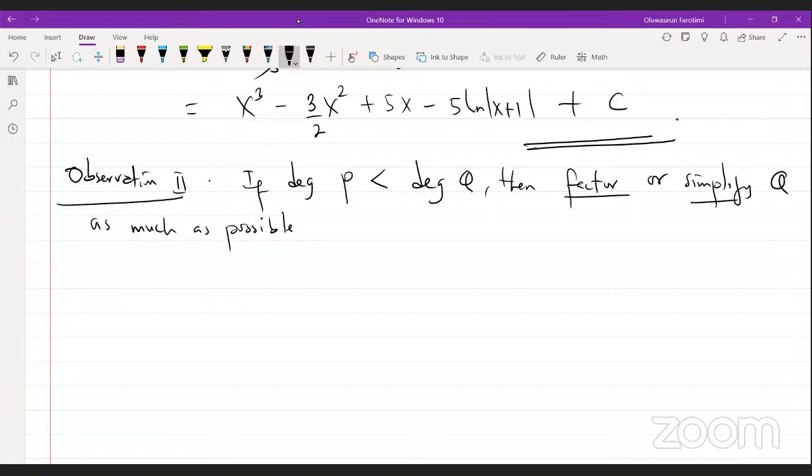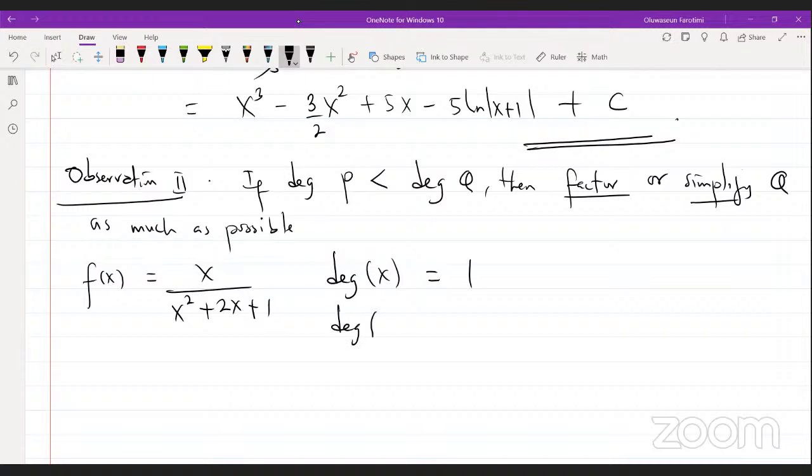I'll give you an example, guys. Again, it's going to be an easy example. We have f of x equals x divided by x squared plus 2x plus 1. Let's remind ourselves, the degree of the top is x, which is just 1, and the degree of x squared plus 2x plus 1 is 2. Clearly, we can see that 1 is less than 2.